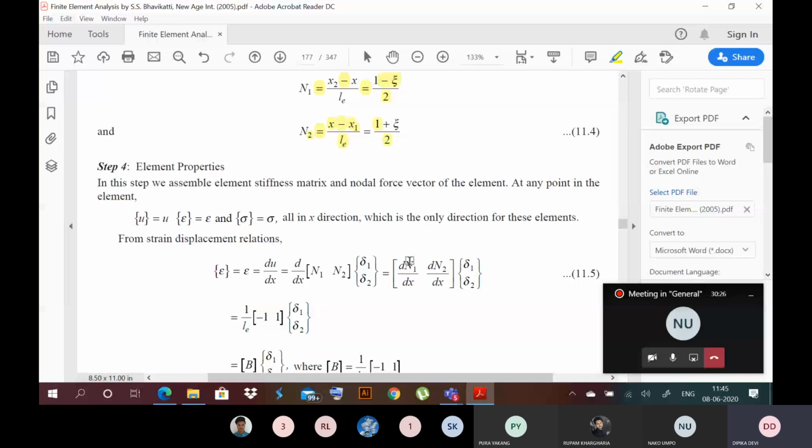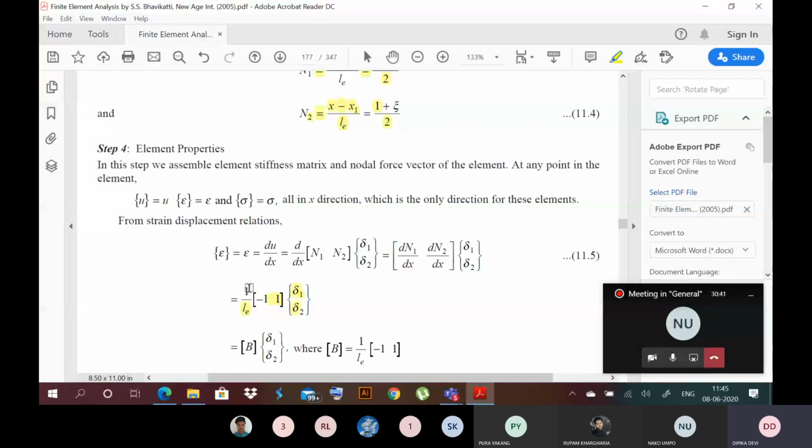For a 2-noded bar element, the B matrix is [minus 1 by Le, 1 by Le], with 1 by Le taken common here. So this is the relationship between strain and nodal displacement vector, that is B into u_e, where B is equal to this.